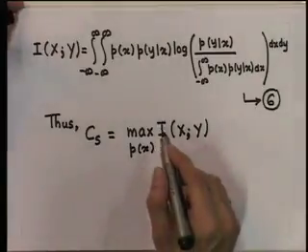Now, if the channel allows the transmission of k values per second, then C, the channel capacity per second, is given by C is equal to k times Cs.